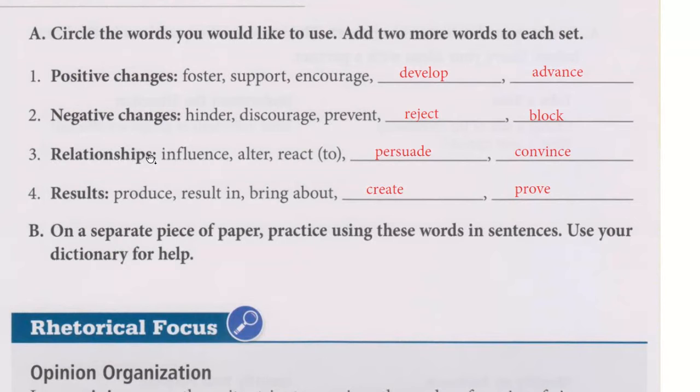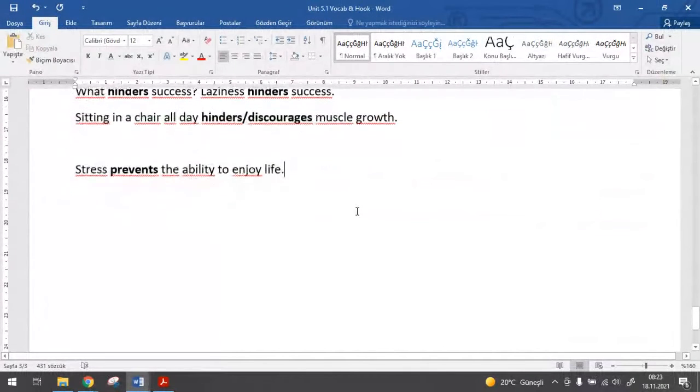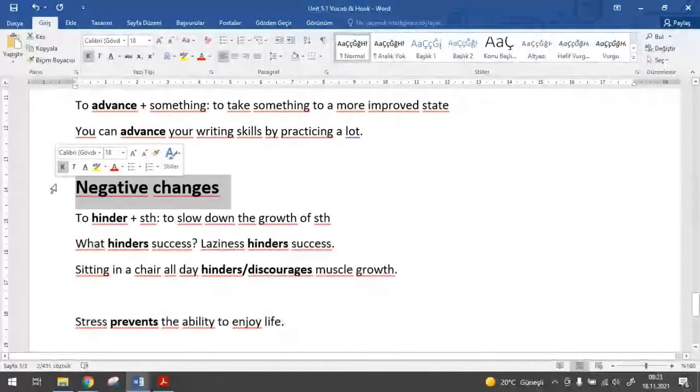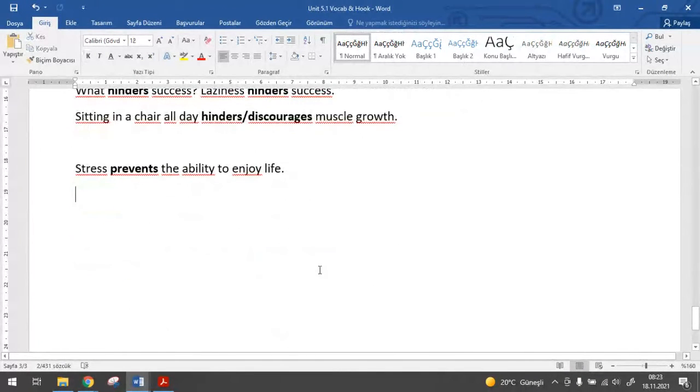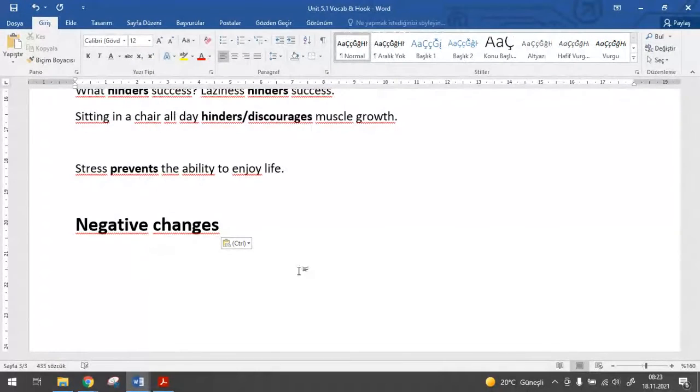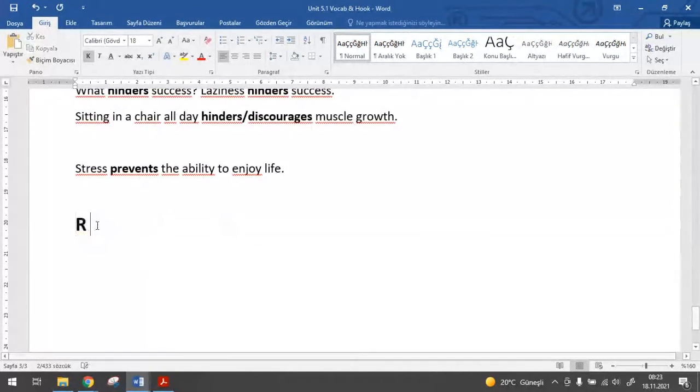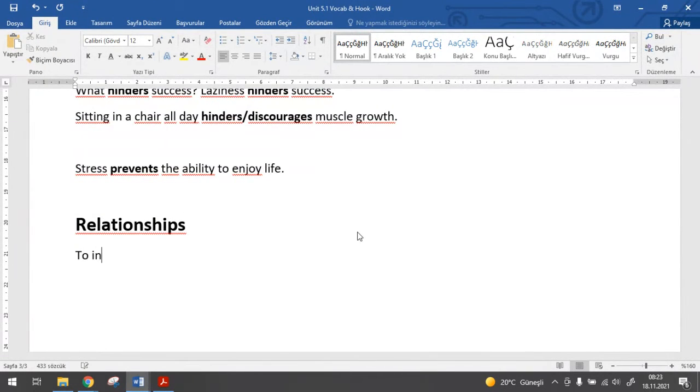Let's take a look at one more here, relationships. If you want to focus on relationships, you can talk about influence. How to use this word? For influence, you need a person, someone.